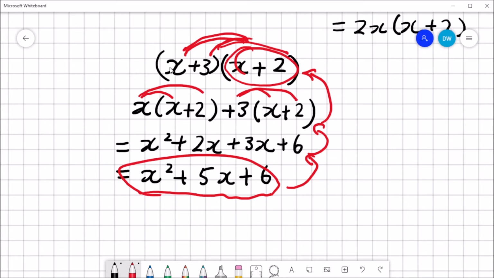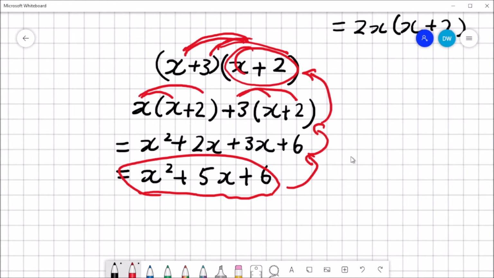These are two factors because we are multiplying these two entities together to get the expression. So we're turning this expression into its constituent components, the two factors.